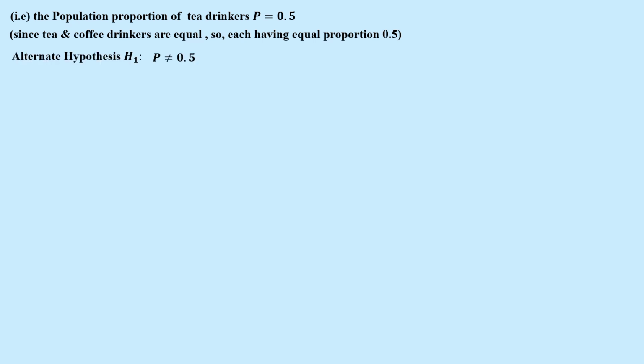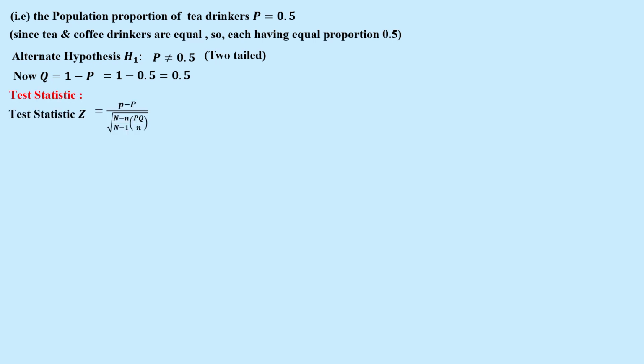So alternate hypothesis, P not equal to 0.5. Both are popular means half of them drink tea and half drink coffee in the population. That is why we are taking the population proportion as 50%. Alternate hypothesis P not equal to 0.5, so we are using a two-tail test. Q is equal to 1 minus P, that is equal to 0.5.